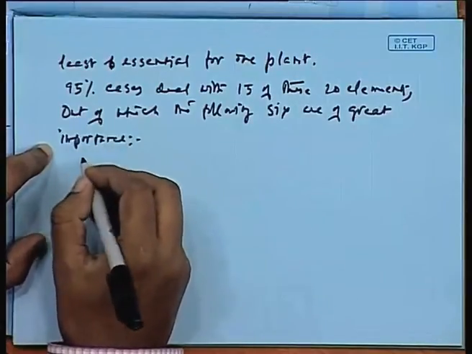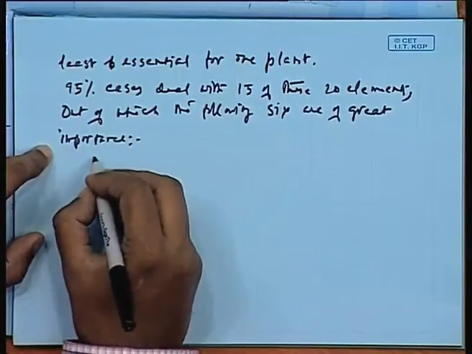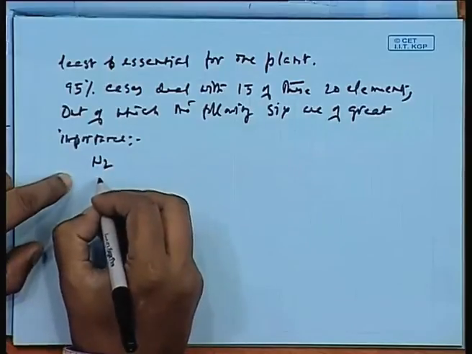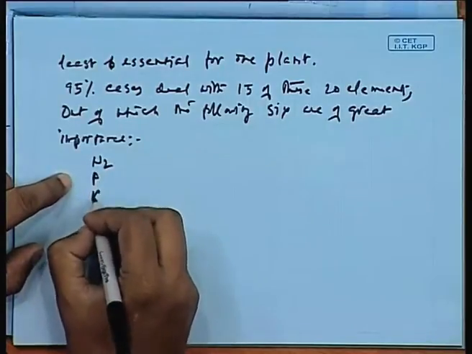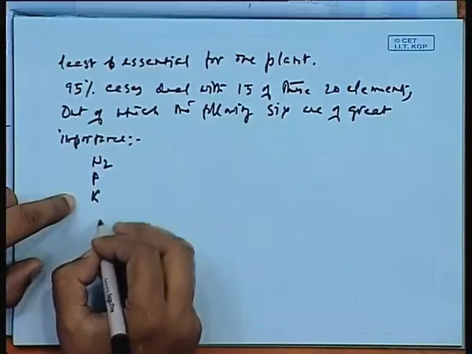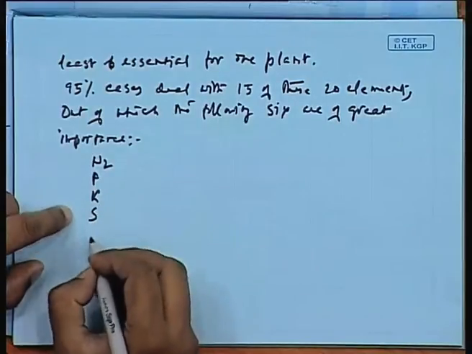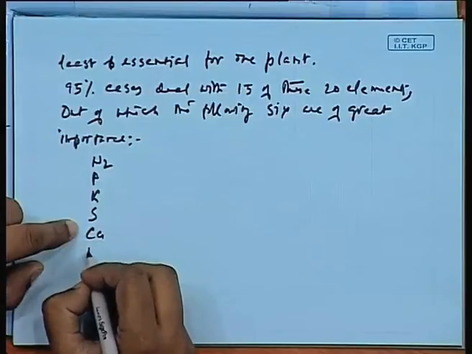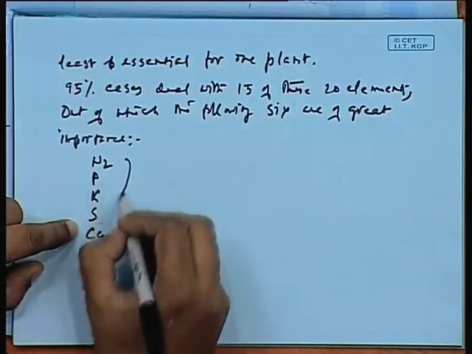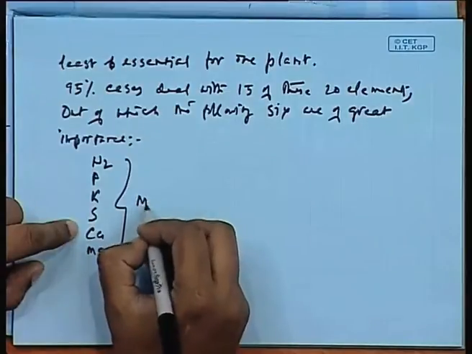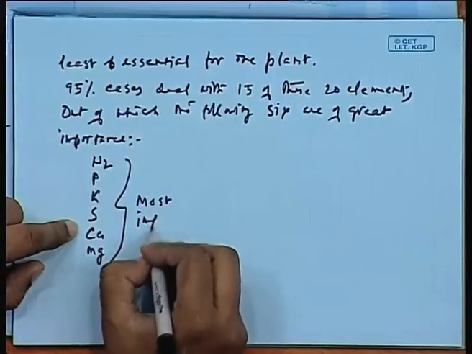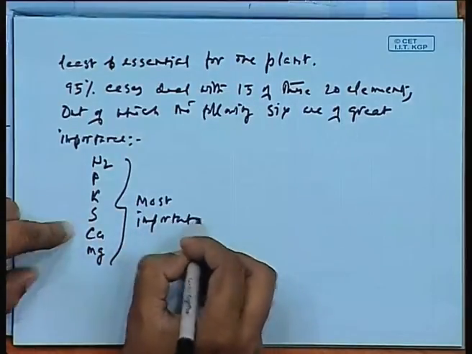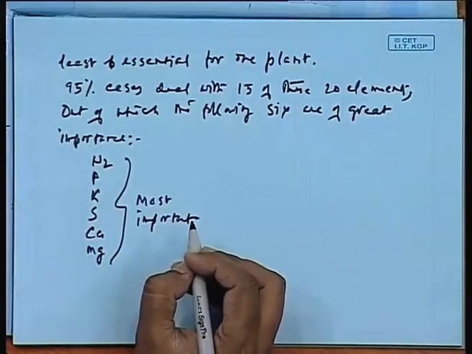The most important ones are nitrogen, then phosphorus, potassium, the NPK that we know, sulfur, calcium. These are the most important things.